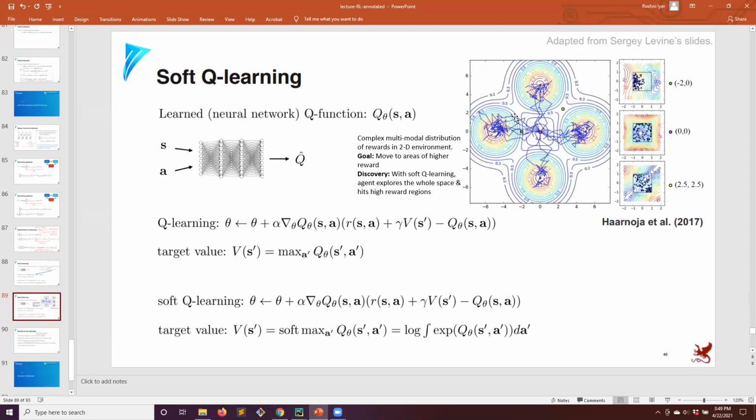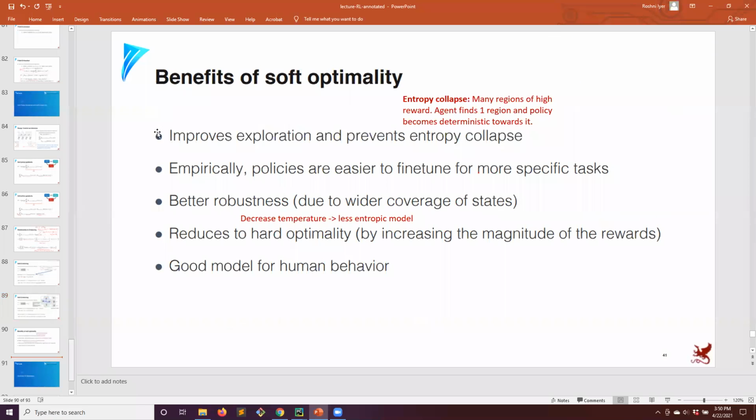If an agent is following entropy collapse, that means once it finds one area of very high reward, the model learns the policy to become more deterministic, to always just keep reaching that particular region instead of still exploring other places of high reward. And that could be bad because this could still just be a local optimal point of that particular reward state, right? But there could be a lot more with also high rewards. So this soft optimality actually prevents this entropy collapse phenomenon.